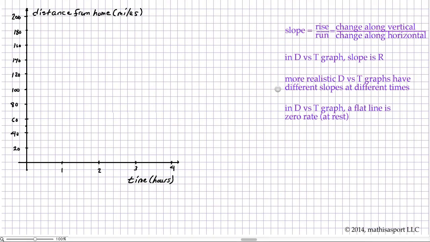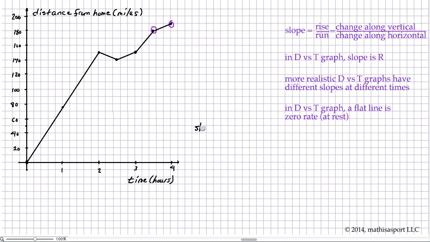Let's just do one final example before we wrap up, so I can illustrate one or two final points. So here we've got another D versus T travel graph. And one thing you might notice is that now the slope is changing on the half hour. And so, for example, if we were trying to find the slope from here to here, then the calculation would be what?